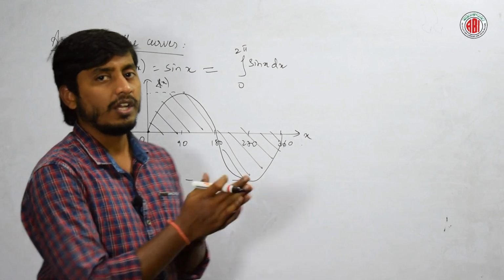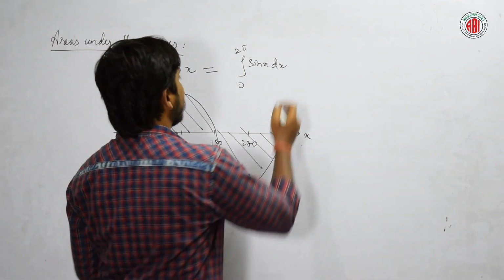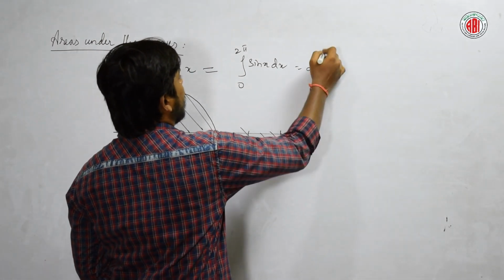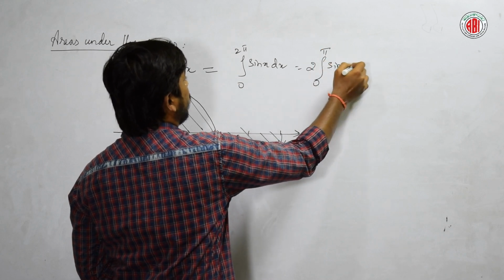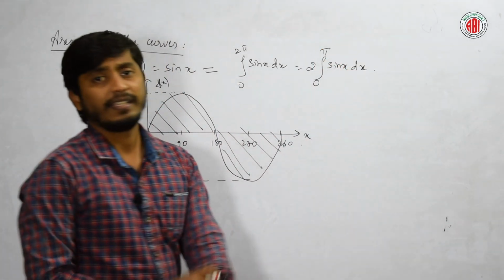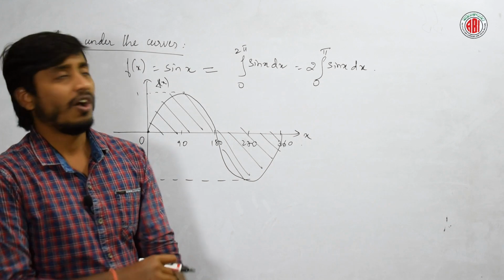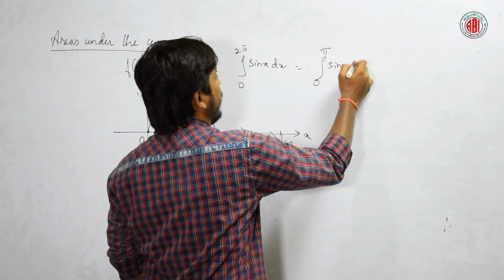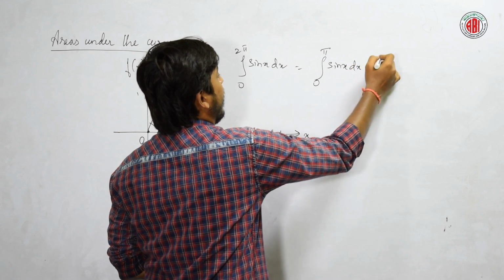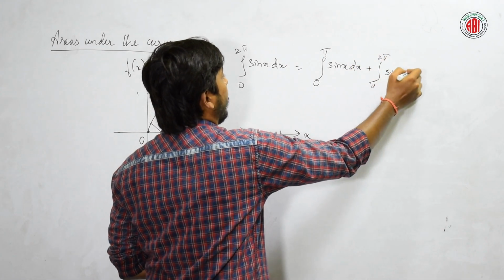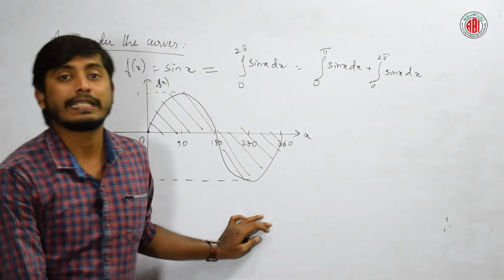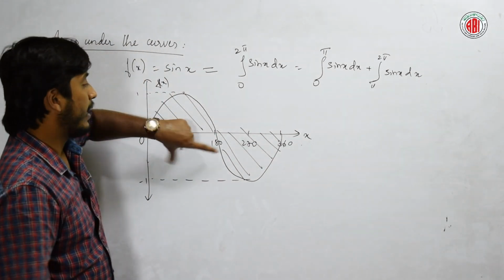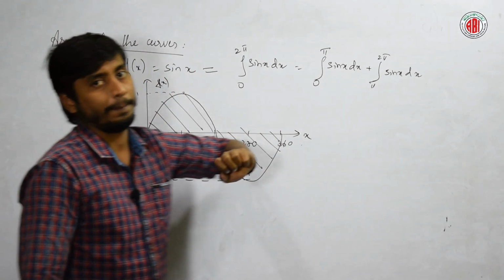So can I write the whole 0 to 2 pi as double of 0 to pi? Yes. Or else let us write it separately: 0 to pi once, and pi to 2 pi once.